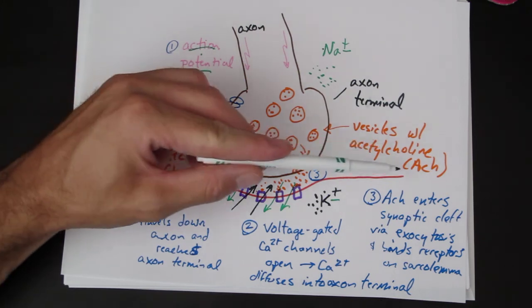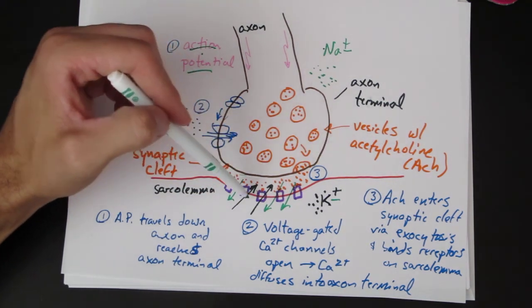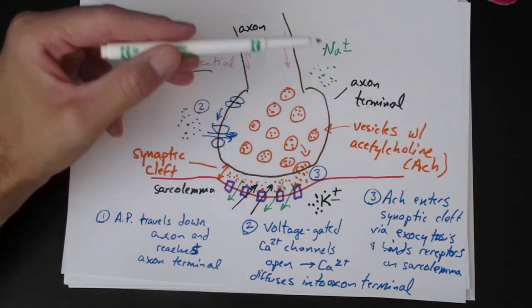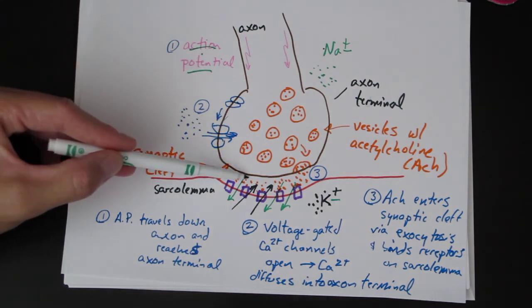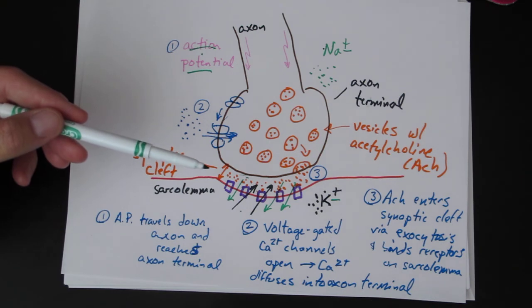This chemical signal was acetylcholine, and that acetylcholine was able to start an electrical signal here at the sarcolemma. So we've gone from an electrical signal to a chemical signal back to an electrical signal in the muscle cell.